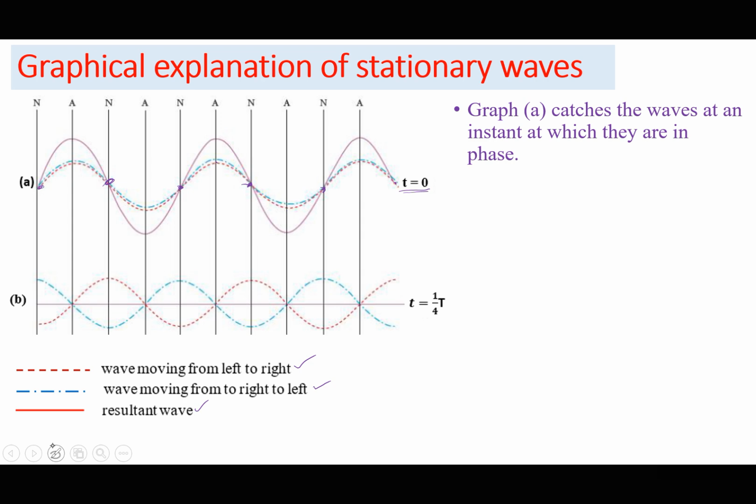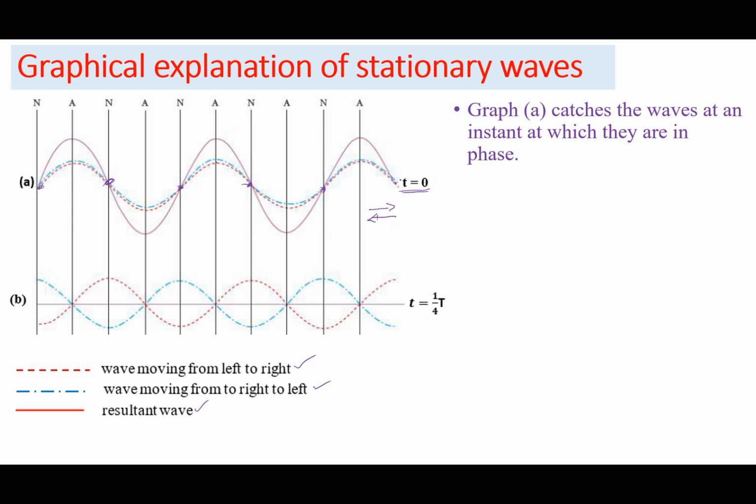Now we are going to consider what happens after a quarter of a cycle. At t equals 0, they are just in phase. Remember, the red dotted one is moving to the right, and the green one is moving to the left.